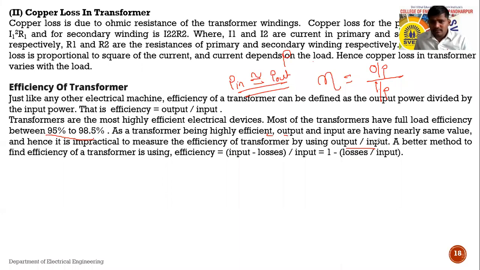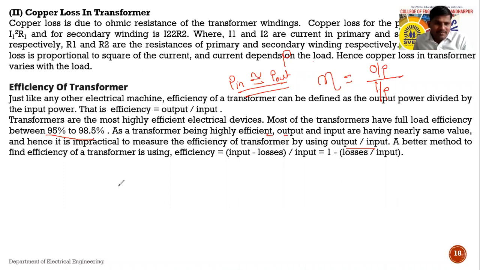Because the output and input values are nearly equal, it is impossible to measure the losses by taking these two values or their ratio. So we use another, better method to represent the loss or the efficiency.